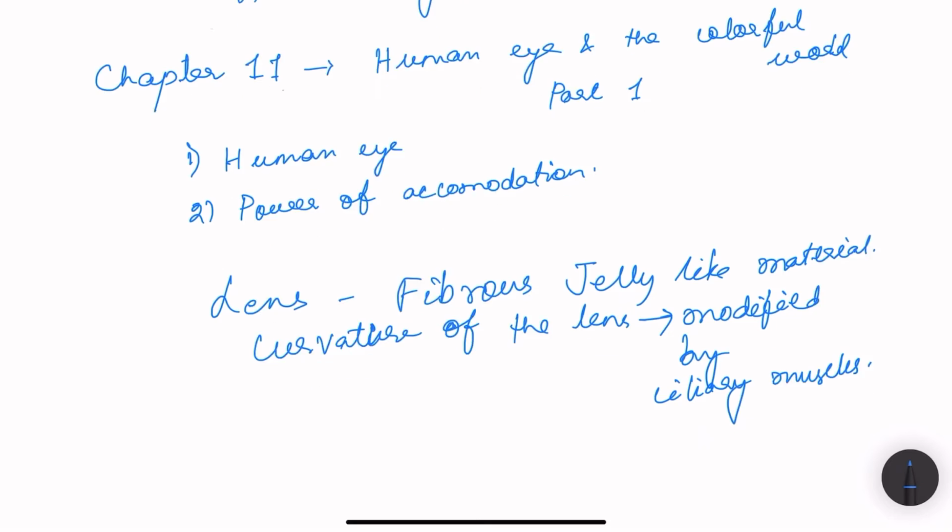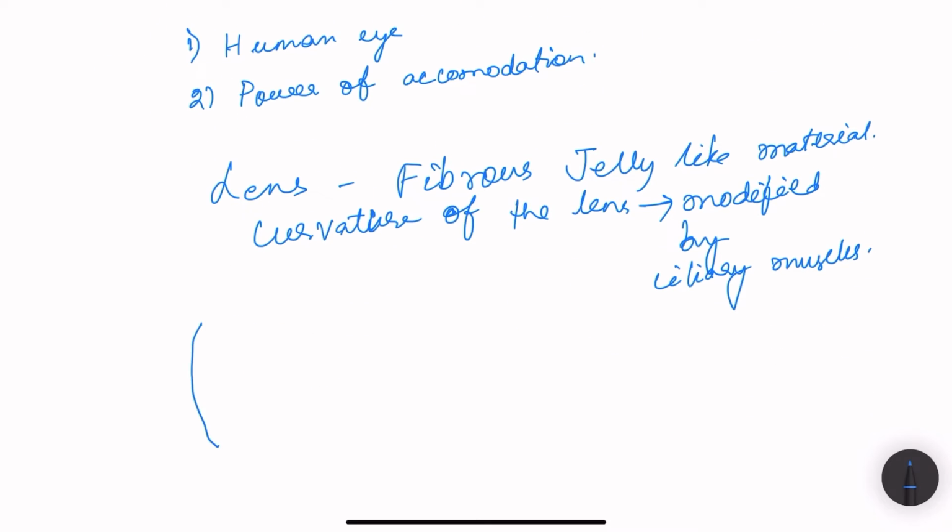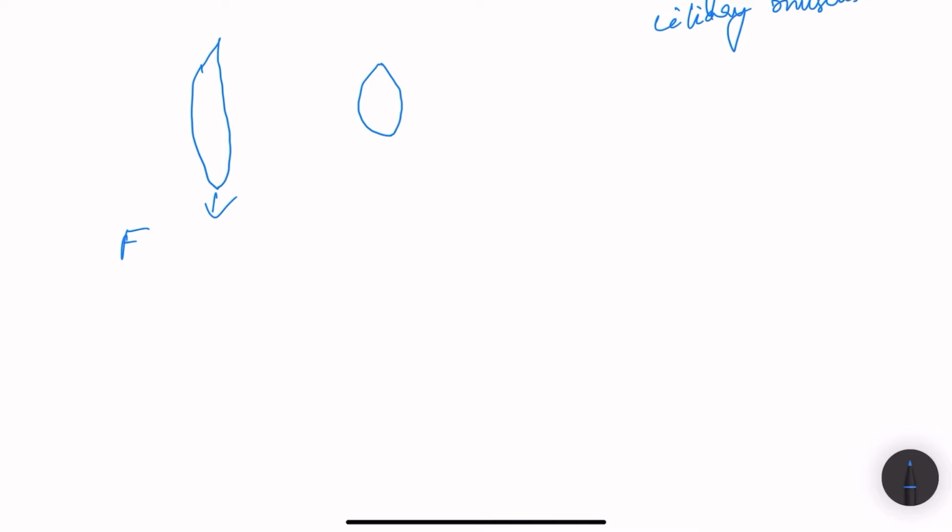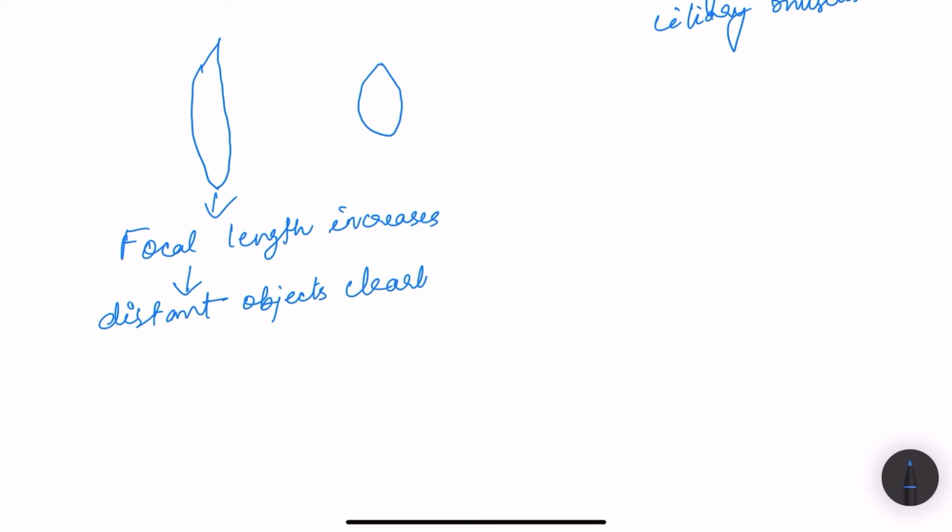The lens can either be made thin or made thick. When it is made thin, its focal length increases, and this is used to see distant objects clearly.